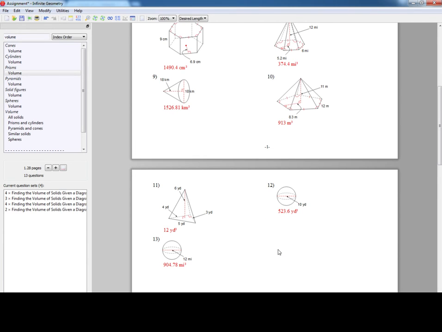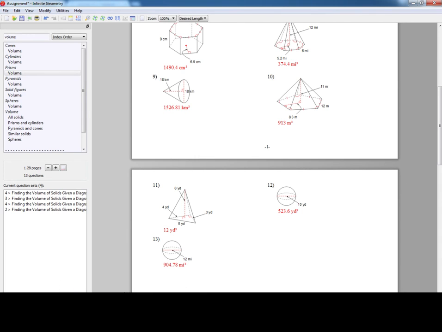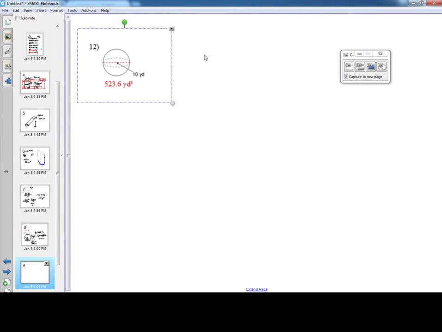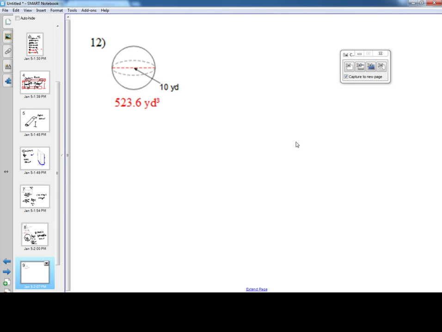Spheres. Who's got the formula? 4/3 pi r cubed. So the formula is 4/3 pi r cubed. The only number I got to plug in is 10. So 4/3 pi 10 cubed.